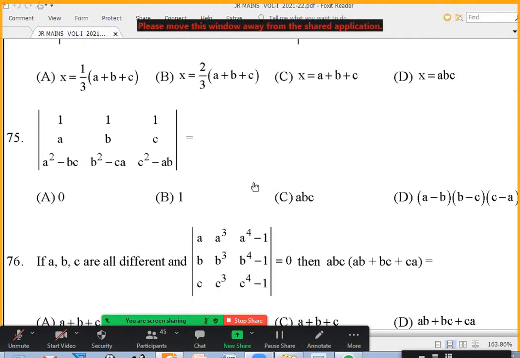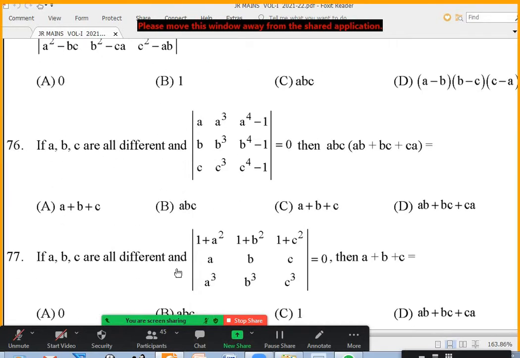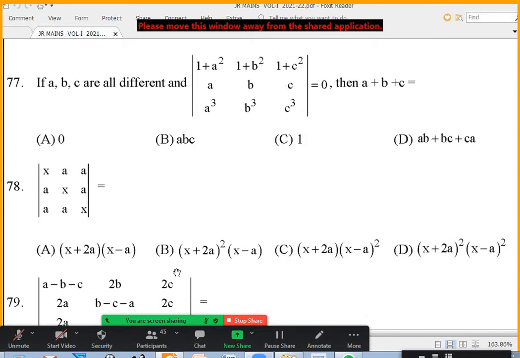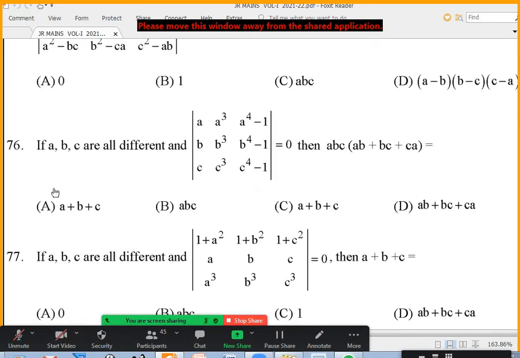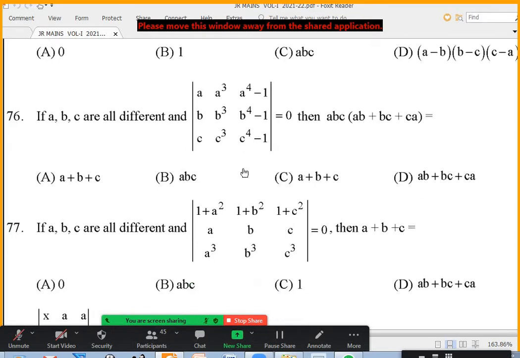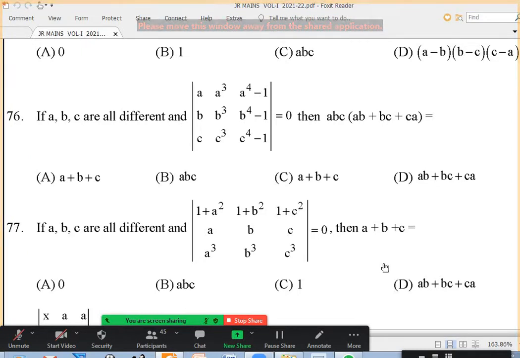Yeah, I think we're done in the class up to 75, a little bit, maybe 77 we're done. 76 also, you have to split it into two questions because the third column has two elements. You can see that. Let us split only the third column. Sir, then we'll get 7-degree determinants, no, sir? Yeah, but in that abc will come common, so it is easy.